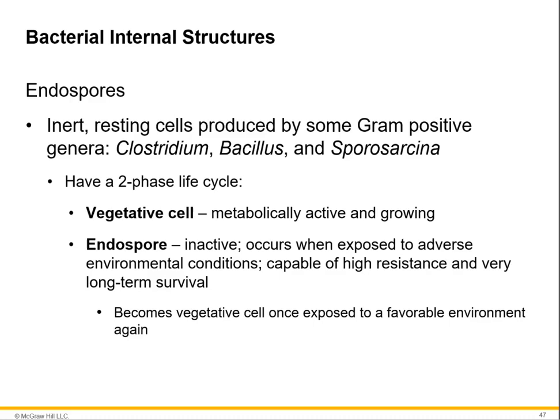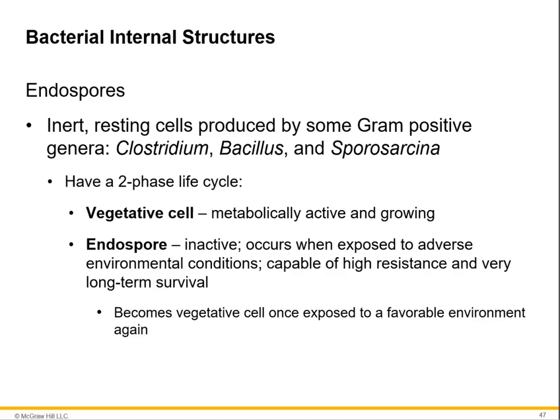Endospores occur when the organism is exposed to an unfavorable environment, okay? So things get really hard. The organism sees that things are becoming more and more difficult, so it produces endospores that can survive these difficult conditions. Endospores are capable of high resistance and very, very long-term survival, millions of years.